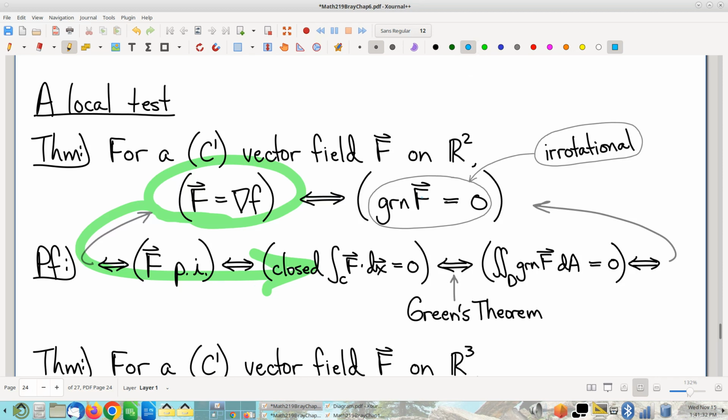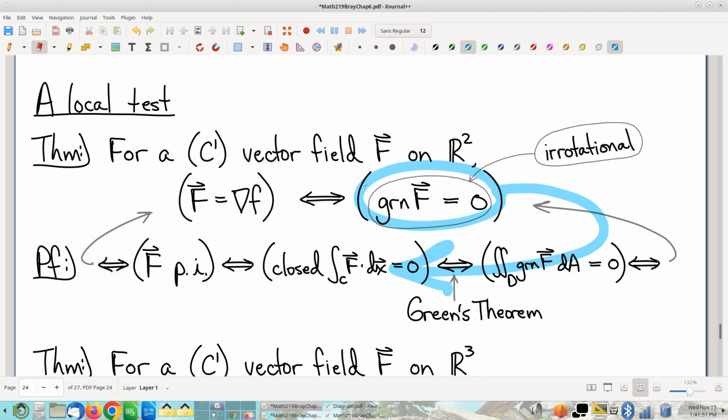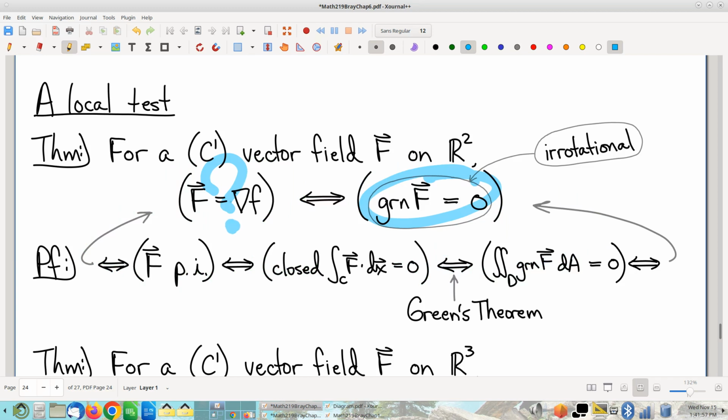Whereas, on the other hand, this is a statement about how, again, circulations have to all be 0, instead from a point of view of how those circulations accumulate over the interior. Now, more details than that, of course, but I think that's a nice way of thinking about this. So, with that noted, again, local test. If you have a question about whether something is a gradient, this is how you can tell.